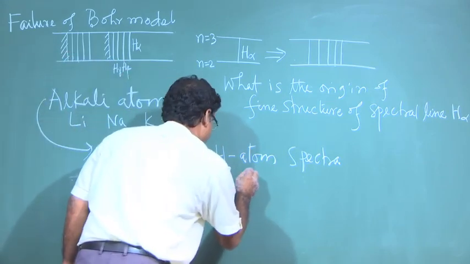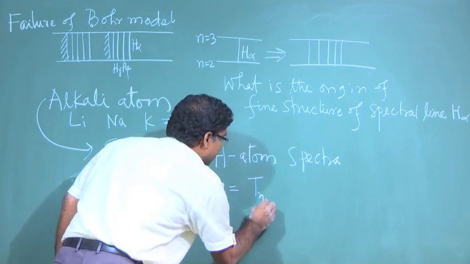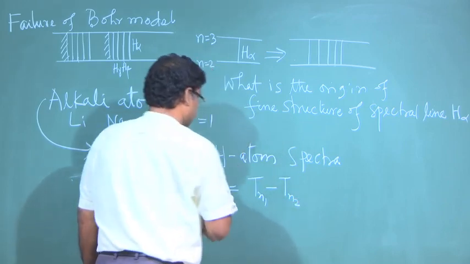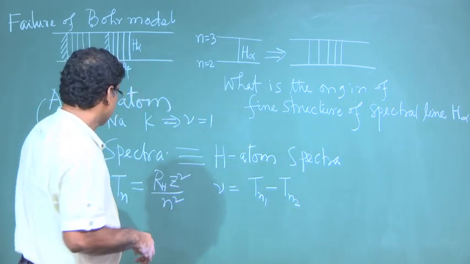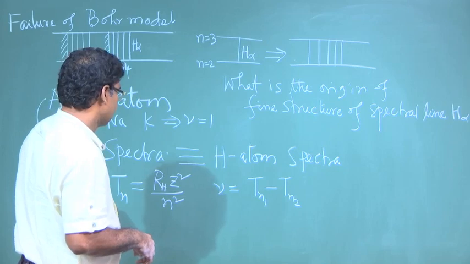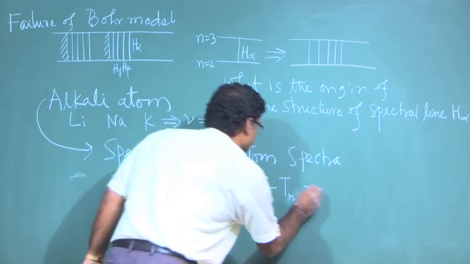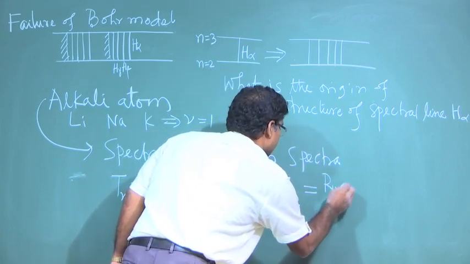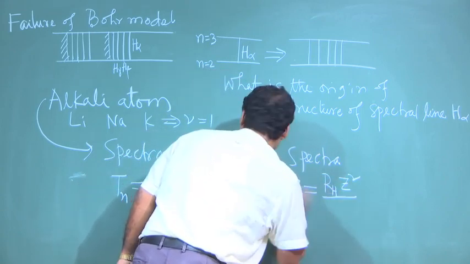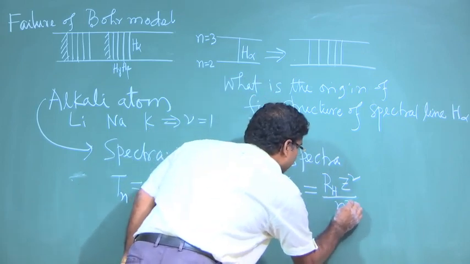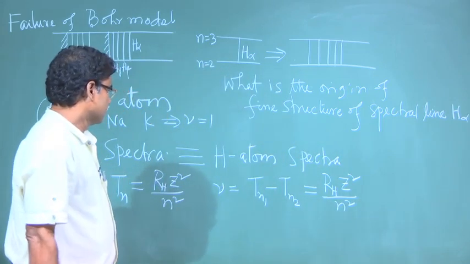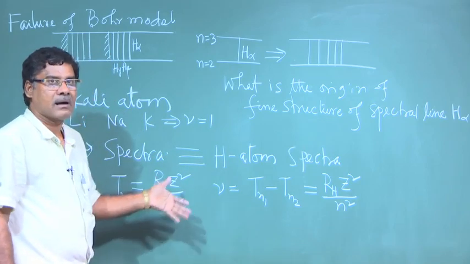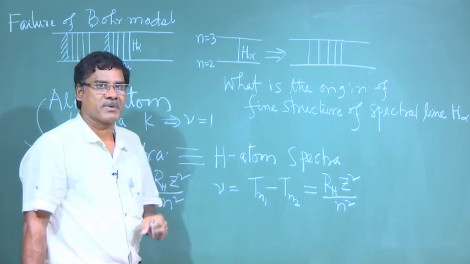So, the difference between two term values T n 1 and T n 2. Okay. So, it's R H Z square by n square. Now, this term value was adopted for hydrogen-like atoms.